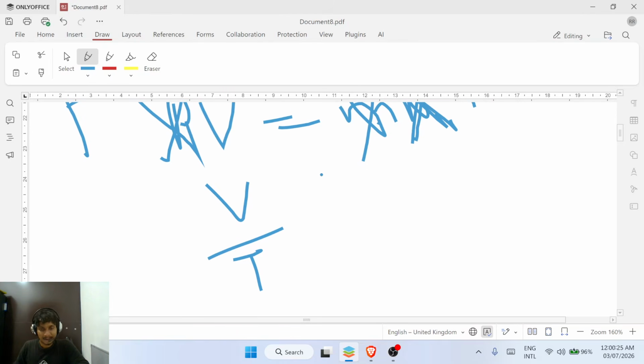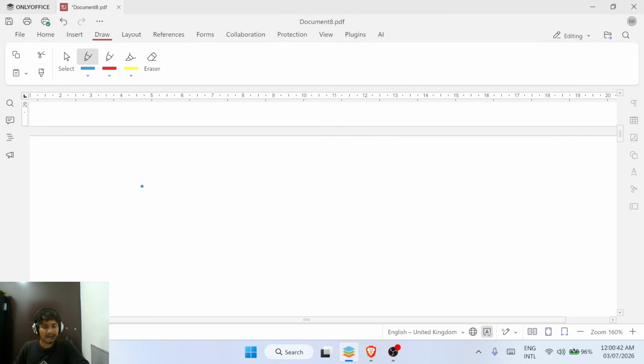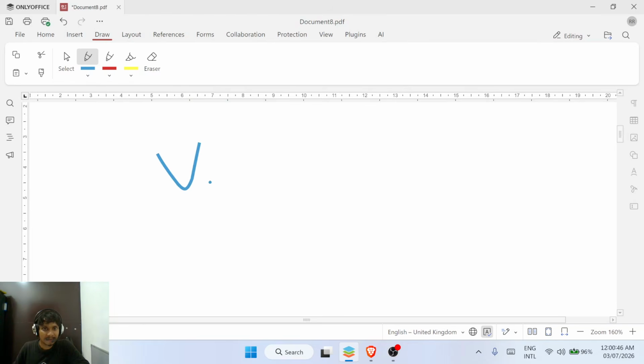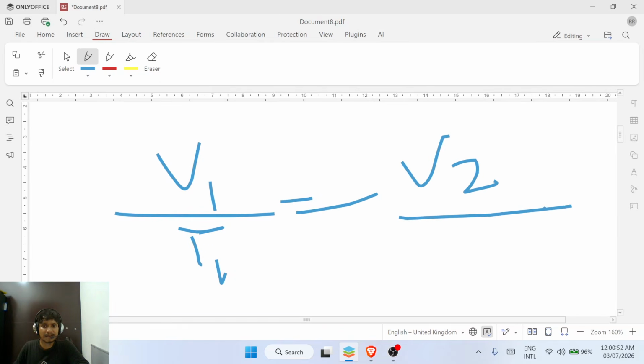We already discussed it, so we don't need to dive very deeply. Therefore, if V by T is constant, we can write, as we have already studied in advanced level chemistry, V1 by T1 is equal to V2 by T2.